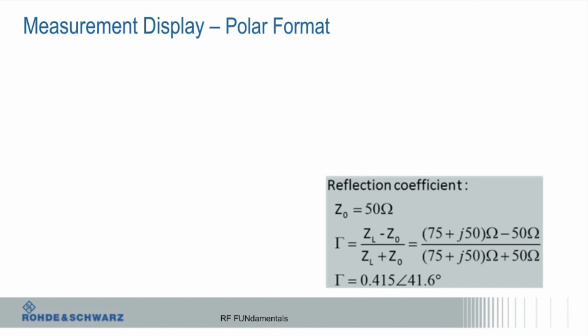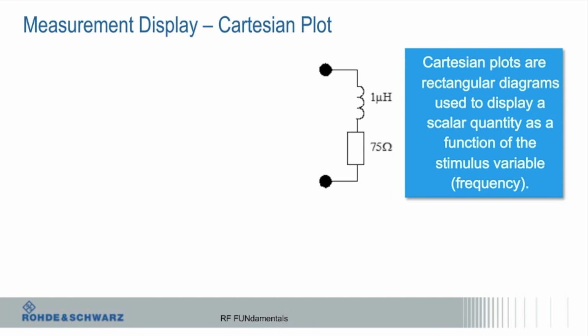The red circles are constant magnitude, and the radial lines are constant phase. Polar shows reflection coefficient in the complex plane with a horizontal real axis and a vertical imaginary axis. Woohoo. Okay.